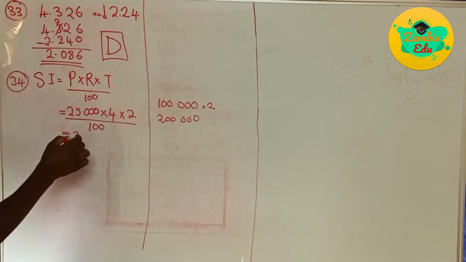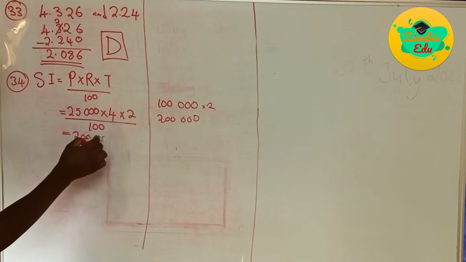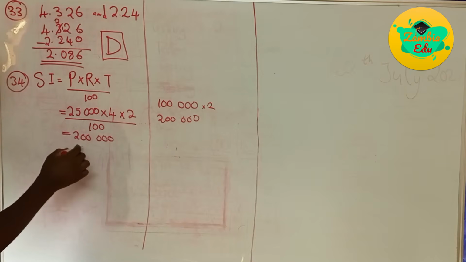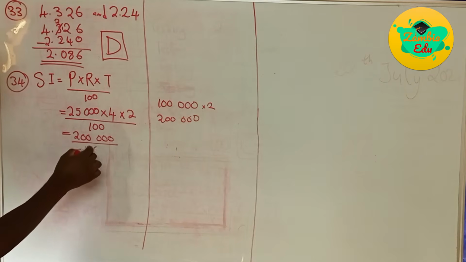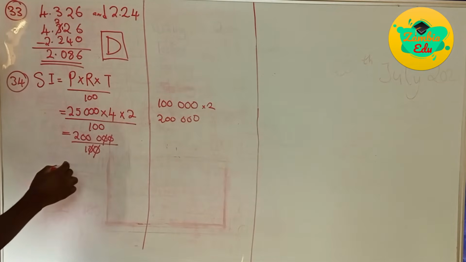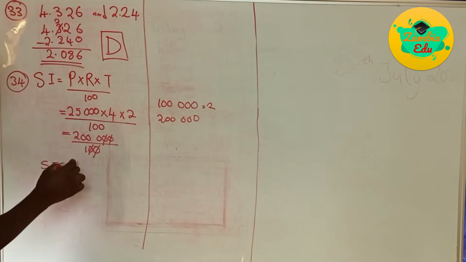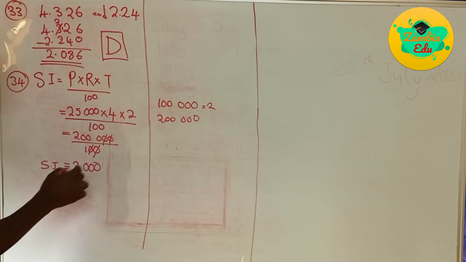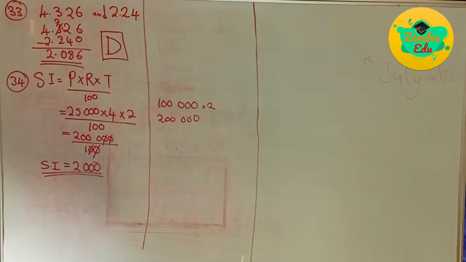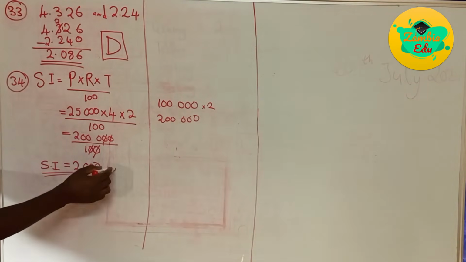So I can say this is now 200,000 over 100. So you can cancel that. We're looking at our simple interest being equal to 2,000. After 2 years, we have 2,000 as our interest.